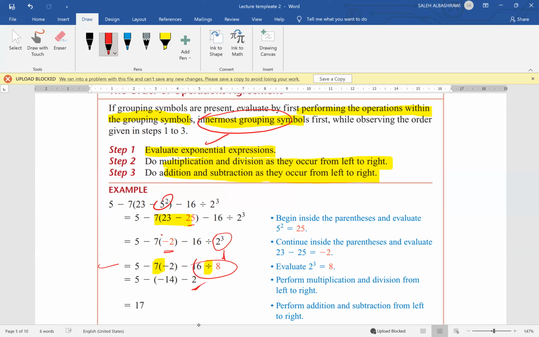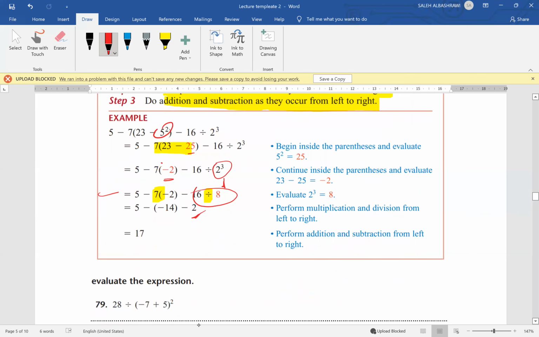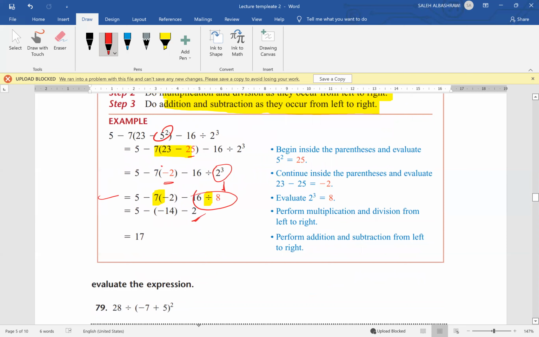So we did the multiplication and division, but we start with the multiplication. Next, minus 14 is a plus, so this is 5 plus 14 minus 2 will be 17.